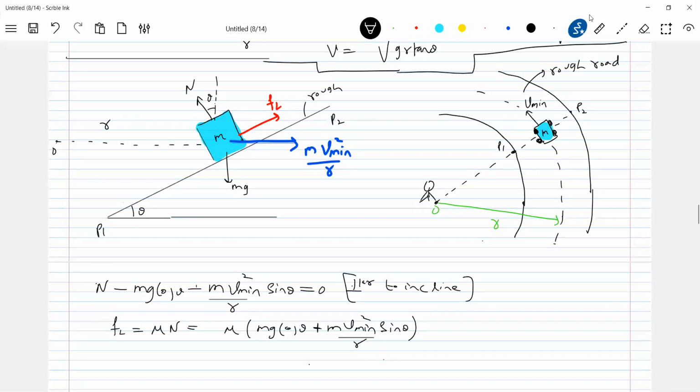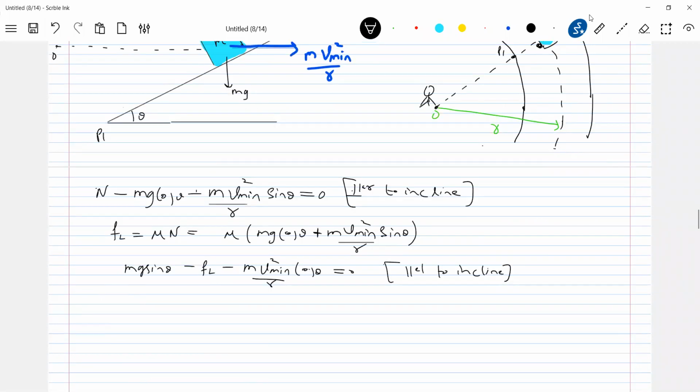Parallel to incline, what are the forces you can write? Mg sin theta, component of this, Mg sin theta minus FL. This is parallel to incline. Solve it, you should solve for V. And what is FL? FL equal to mu N. Substitute that, solve for it, you'll get V minimum.